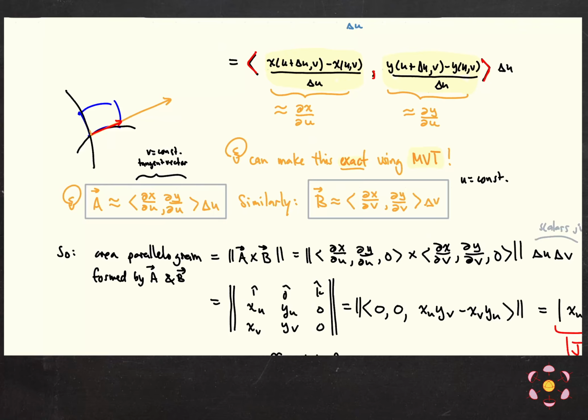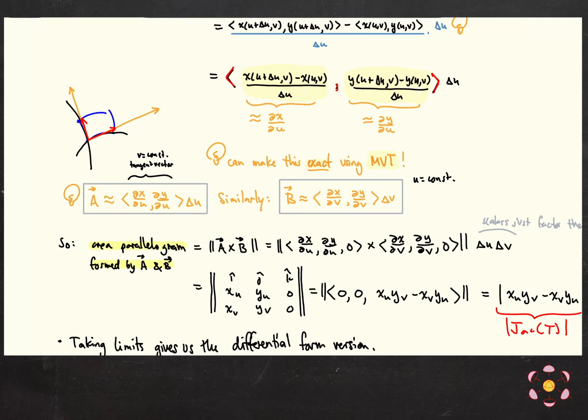You're going to get a tangent vector this way, and then multiplying that by delta v kind of shrinks it so that it's an appropriate size. So all that's left is to calculate the area of the parallelogram formed by these two vectors that we just came up with, and then here's the trick.